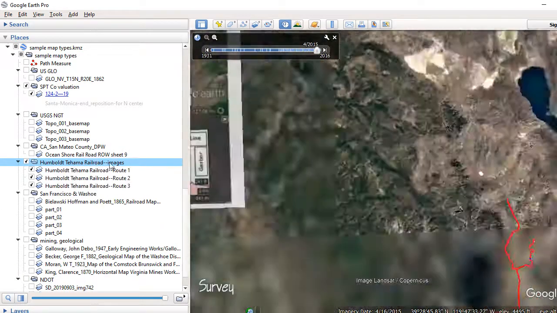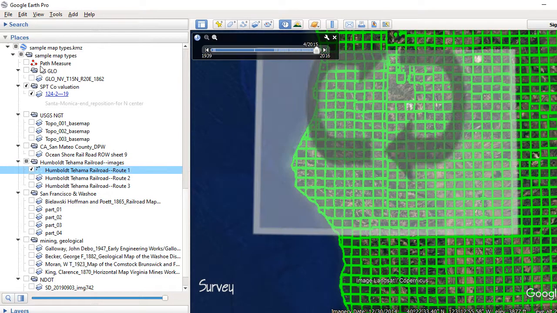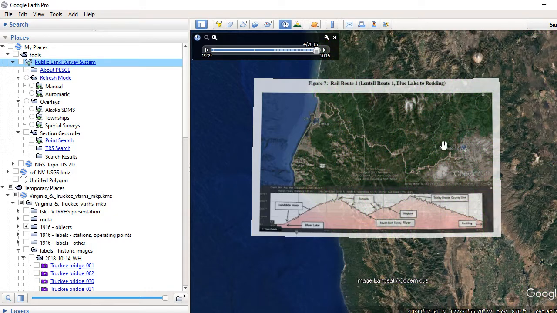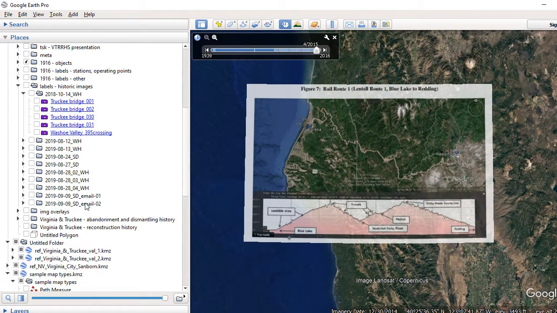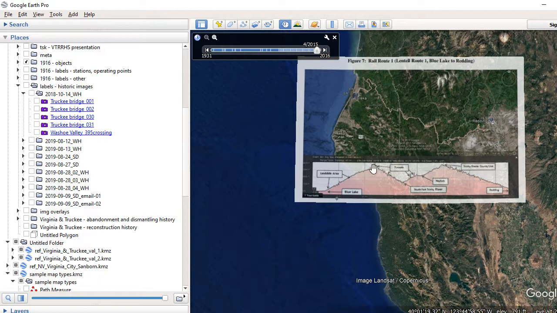Here's images. These are obviously, let's just turn on one. These are screenshots from a real live project, the Humboldt to Hama Railroad. And this information was developed in Google Earth. And there's their profile and the line they drew.